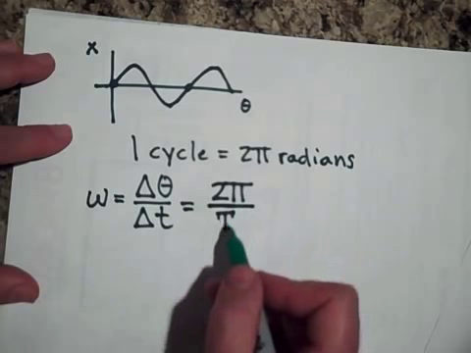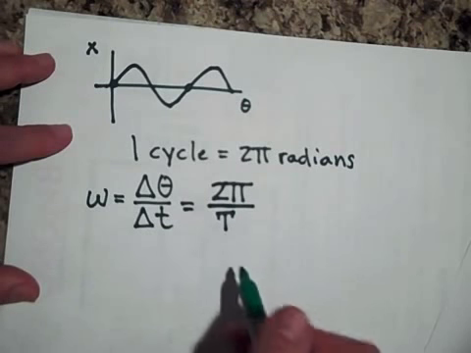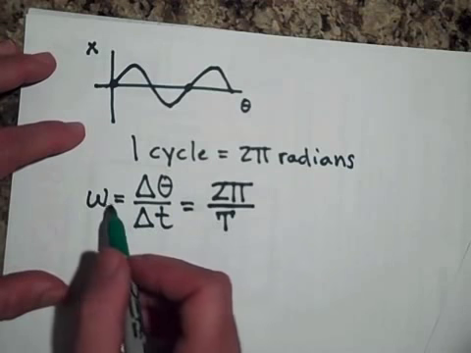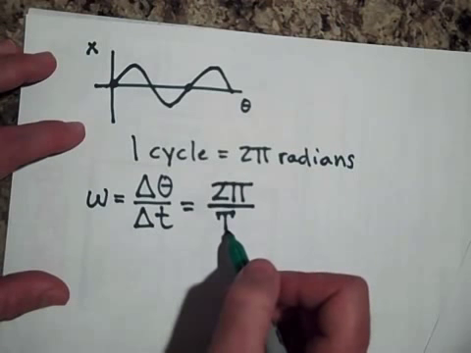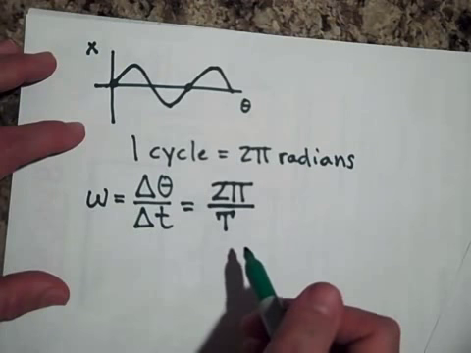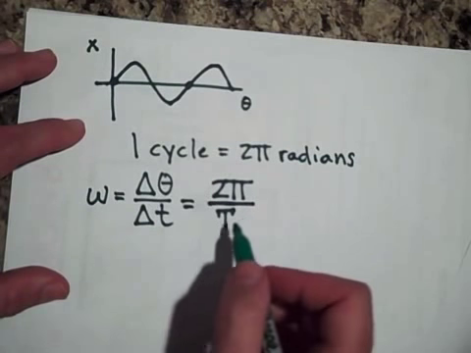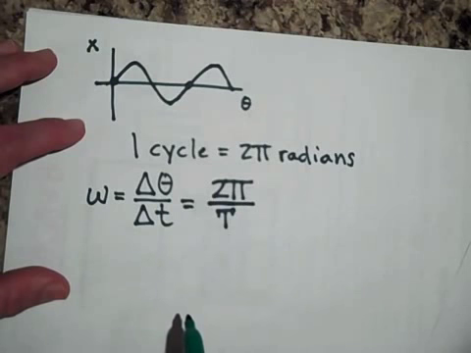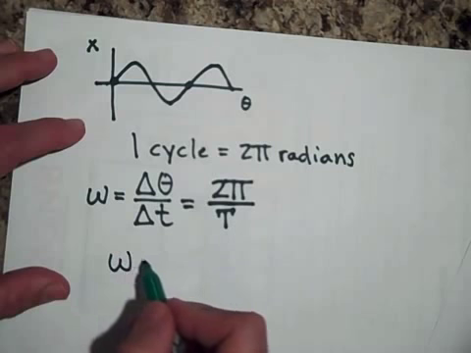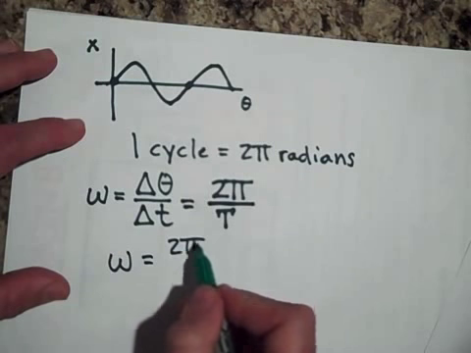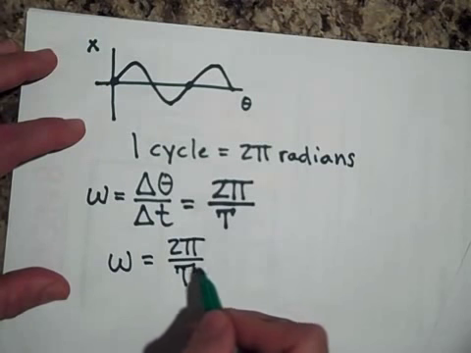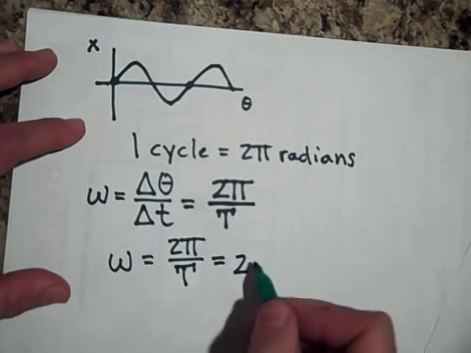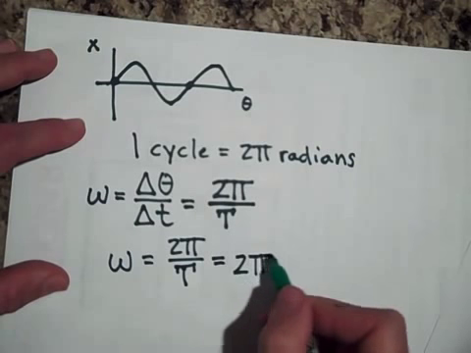So 2 pi radians per period, this is called the angular frequency. Okay, so omega is 2 pi over the period. It's just like the frequency is cycles per second, this would be radians per second. And since omega is equal to 2 pi over the period, and the period is 1 over the frequency, then it looks like omega is also equal to 2 pi f.